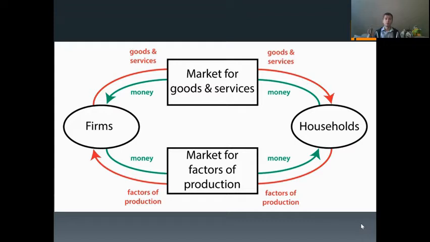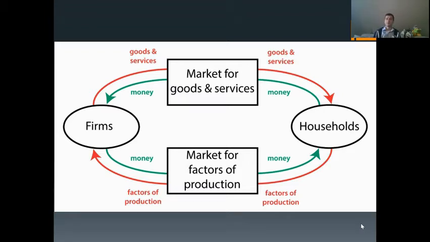We have had households and we have had firms. In product markets, households purchase goods and services in the product market in exchange for money. So if you look at the top portion of this graphic, you see the flow of money going one way from households into the market for goods and services and out into the firms.